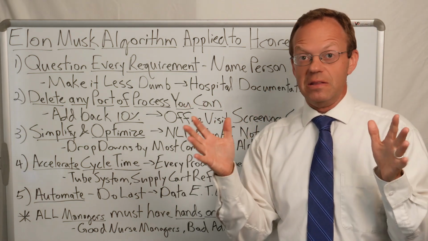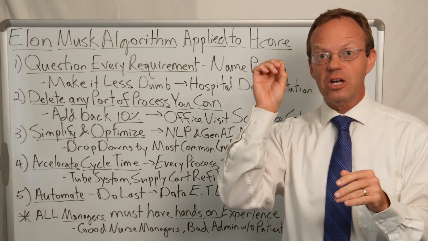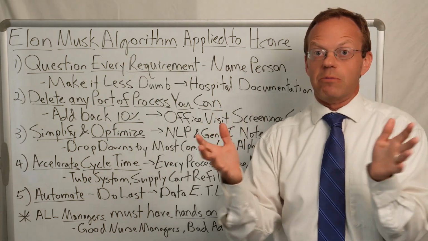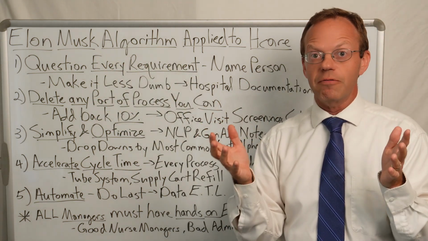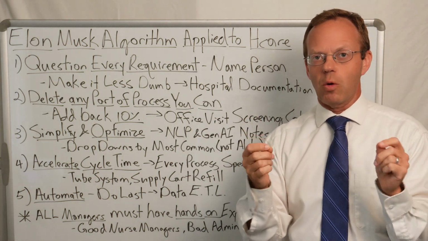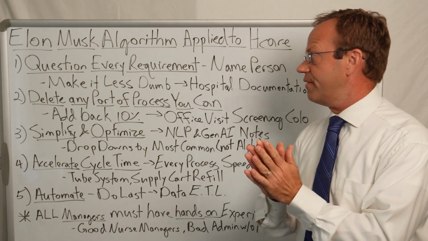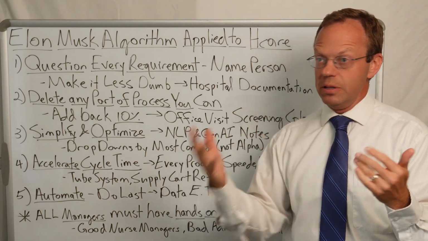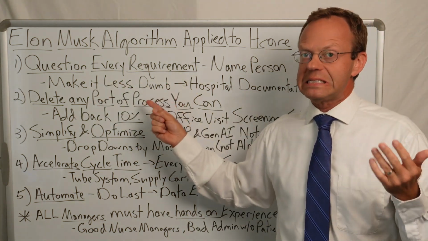And so anybody in the organization can specifically question any requirement, including requirements that were created by Elon Musk himself. And the person who is ultimately responsible for that requirement needs to justify it. Okay. And then, of course, once you question that requirement, ask, okay, can we make it less dumb?